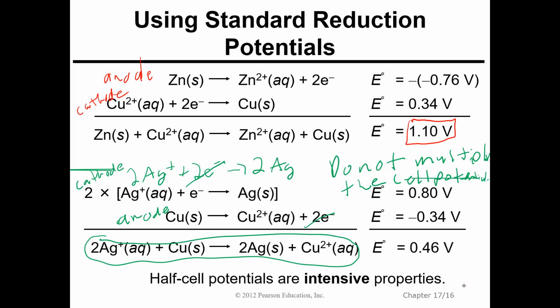So half cell potentials are intensive properties. They are not influenced by the quantity of matter that we have. So therefore we do not multiply them by a number just because we multiply the reaction by a number. So even though we multiply this reaction for silver times 2, we would not multiply the cell potential times 2.